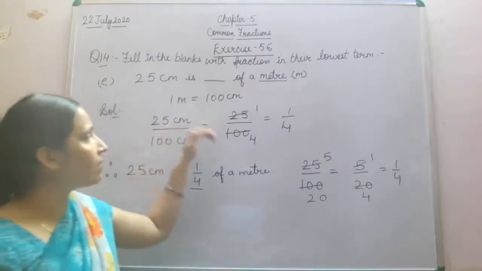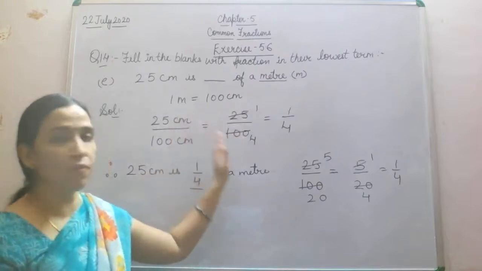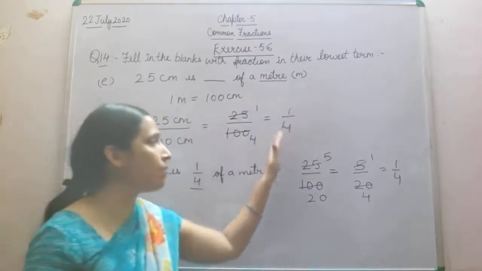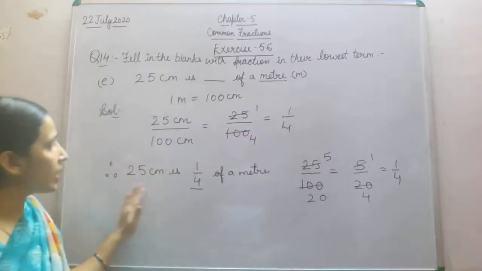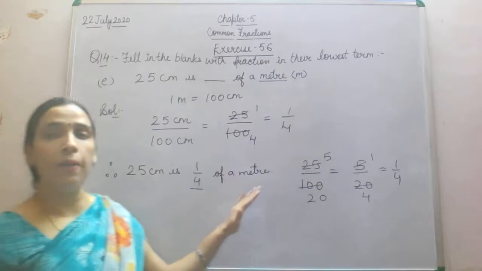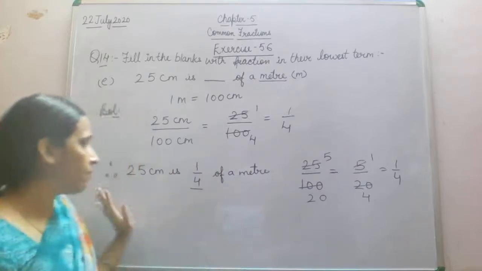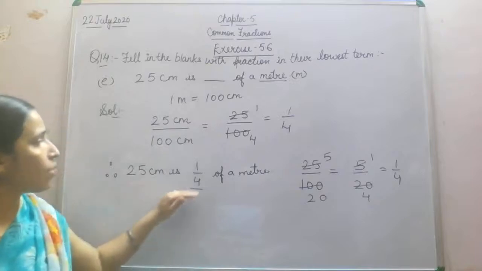So we have done the division, we will get 25 by 100. After doing the division, we will get 1 by 4. Therefore, 25 centimeter is 1 by 4 of a meter. Fine children, so we have got this.